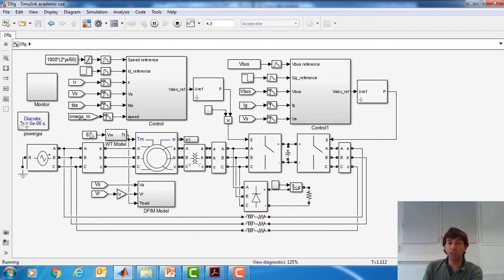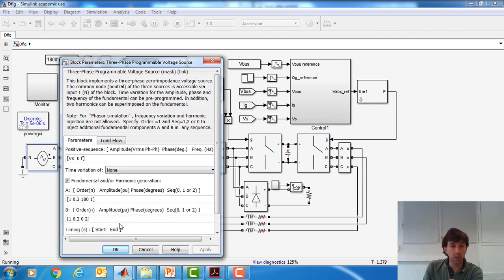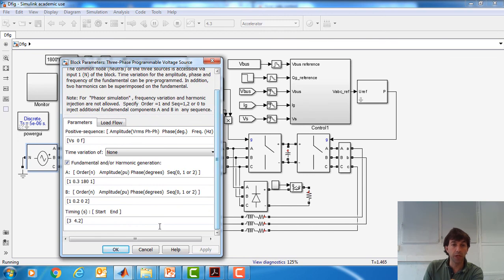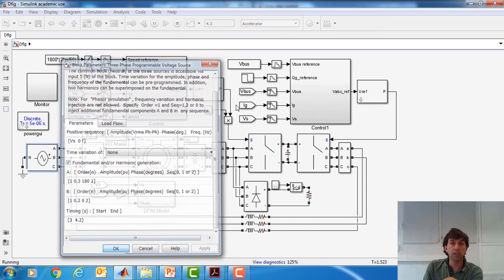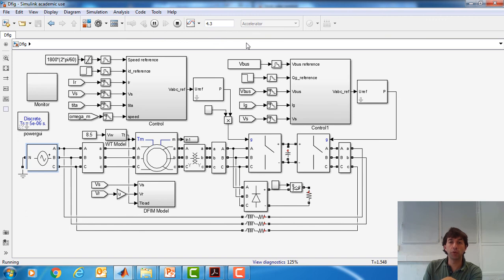We are working with this wind speed and we are performing a symmetrical voltage dip at the stator. That will happen, if I'm not wrong, at second 3. And the simulation will finish at 4.3.